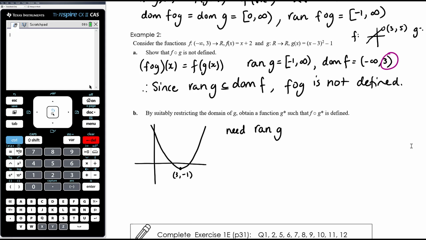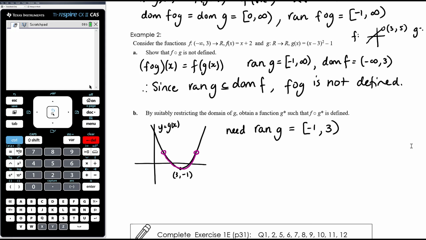Let's try again. So we need the range of G to go from -1, we can't change the -1, but we want it to stop at 3, and it can't include 3 because 3 isn't included in the domain of F. So we need to stop at 3, wherever 3 is on the graph of y equals G of x.